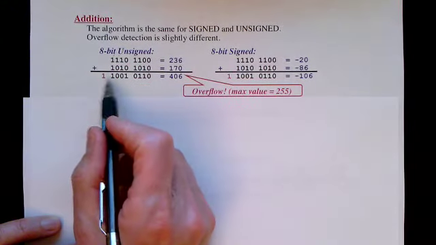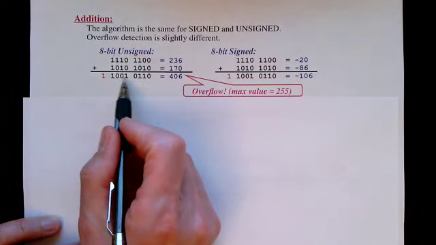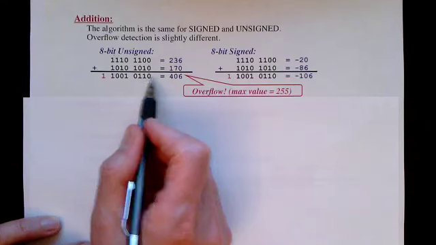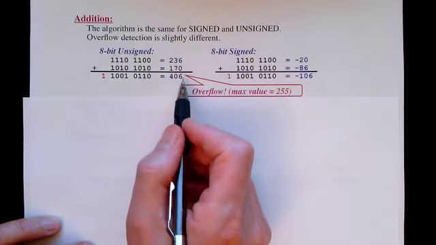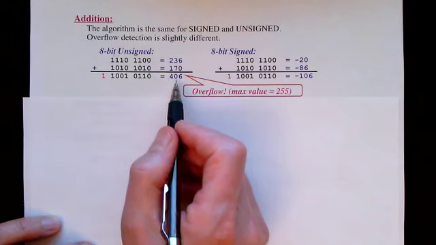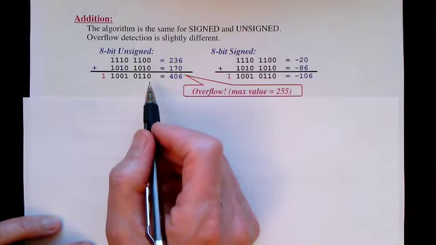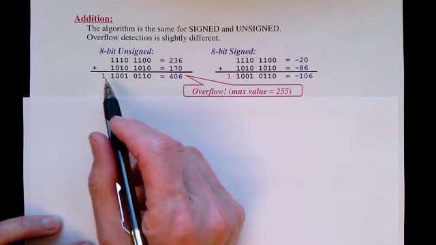And so we get 1, 1001, 0110, which is our representation for 406. 406 is not actually representable as an 8-bit number. It requires 9 bits.